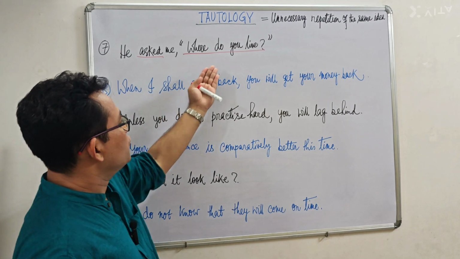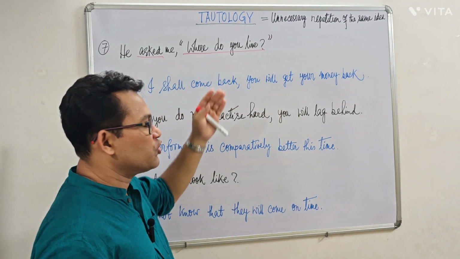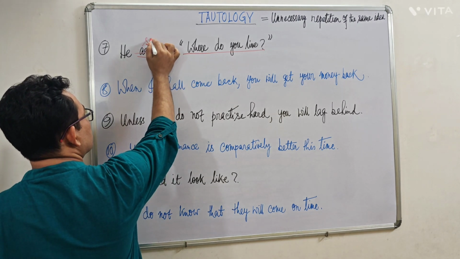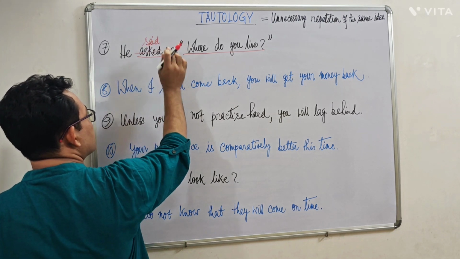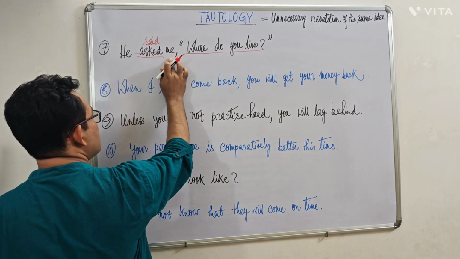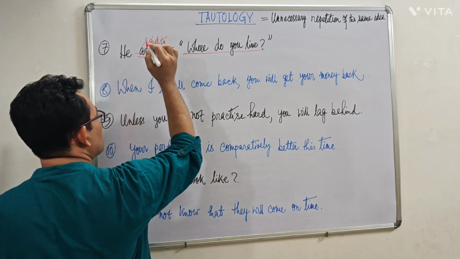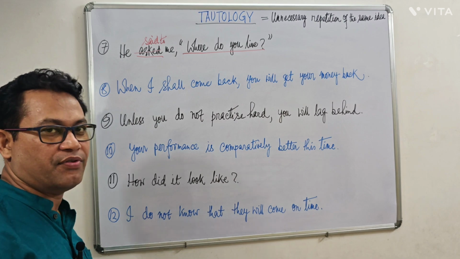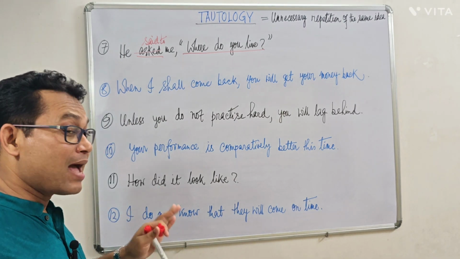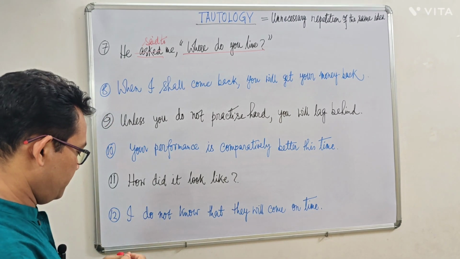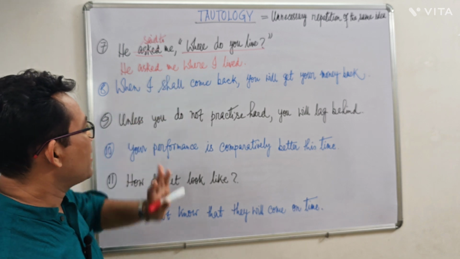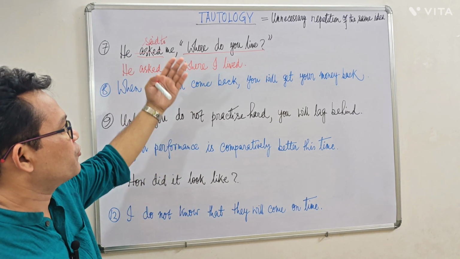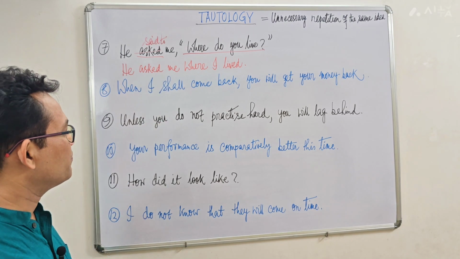That means if we want to retain the reported speech as it is, we have to use the verb said. Since we have the object me over here, a preposition to is needed. So he said to me, where do you live, is the correct version. The other one, as I said, is he asked me where I lived. So these are the two versions where we don't get any trace of tautology or unnecessary repetition of the same idea.